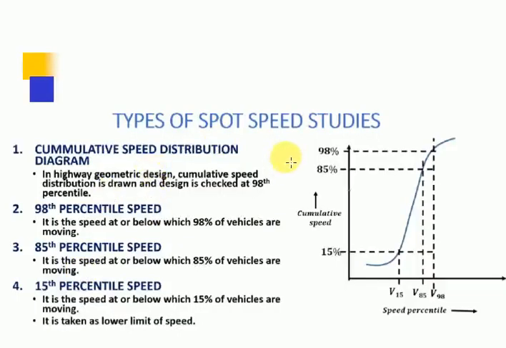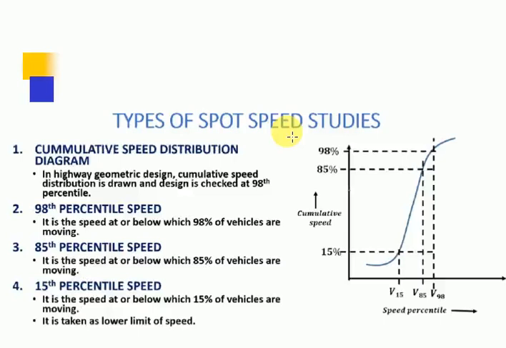Next, one more topic based on speed is the spot speed study, where certain calculations are there. I have earlier told why you require spot speed, but here, how you present that spot speed data is also important. From the spot speed data of a selected sample, you have to make a frequency distribution table.